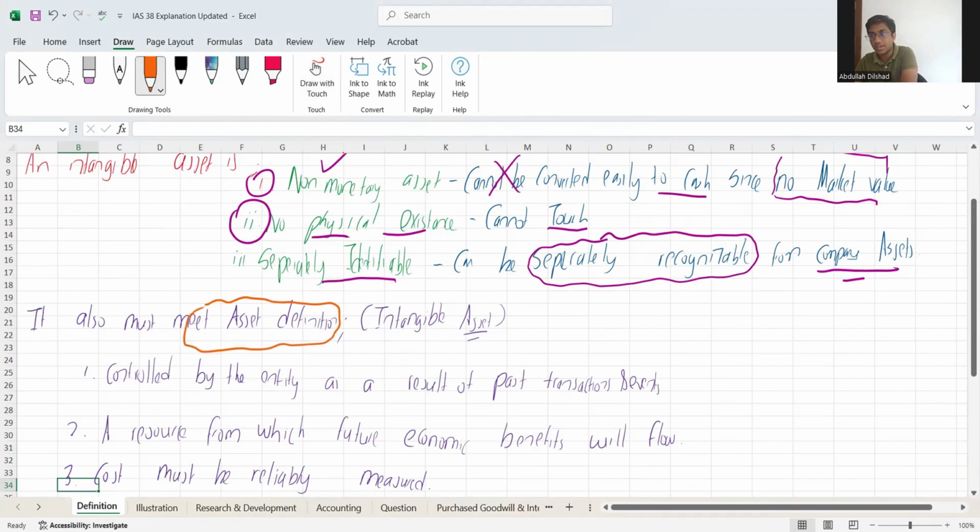Obviously, right? The standard says it is an intangible asset. So first of all, you need to make sure it meets the asset criteria, and then only it meets your intangible criteria, which we looked at here.